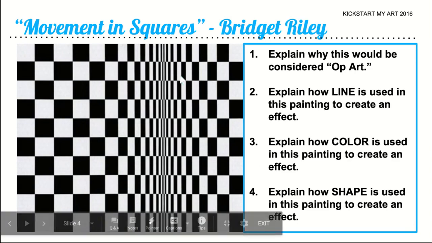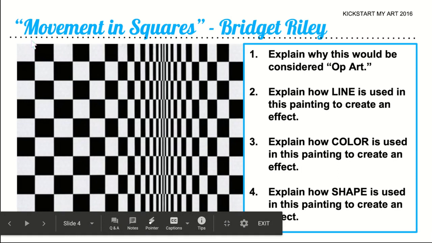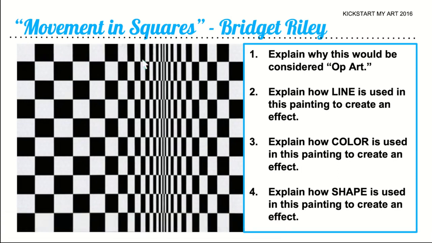You'll notice as we're looking at this that these squares are equal, but as we get closer towards the not necessarily middle, but slightly to the right of that, the lines that create these squares start getting skinnier, and they get skinnier and closer together.